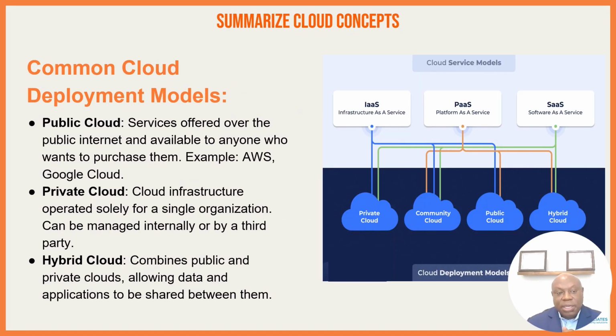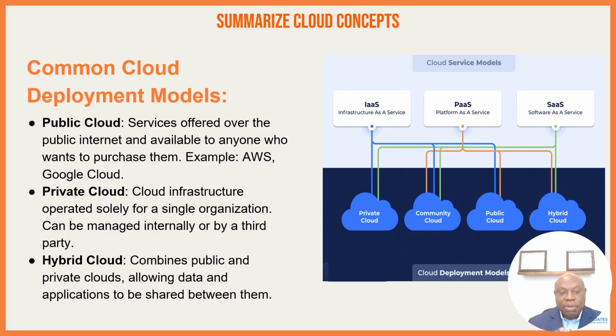Okay, so let's look into common deployment models. You have, and I kind of talked about that a little bit, infrastructure as a service, platform as a service, and then software as a service. Again, kind of covering those pillars here. Public cloud, these services are offered over the public internet and available to anyone who wants to purchase them.